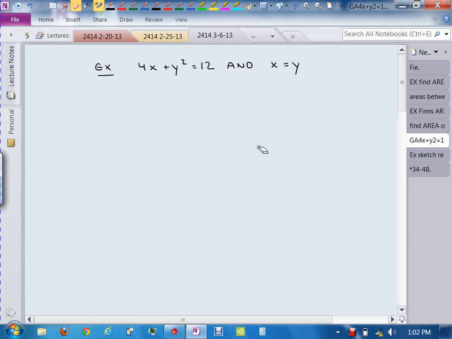So can you tell by just looking at those whether or not we're going to be dx or dy? dy, why? Why dy? Okay, if you can solve the equations for y, in other words, you get y equals a function of x, then they're vertical, and it's dx.